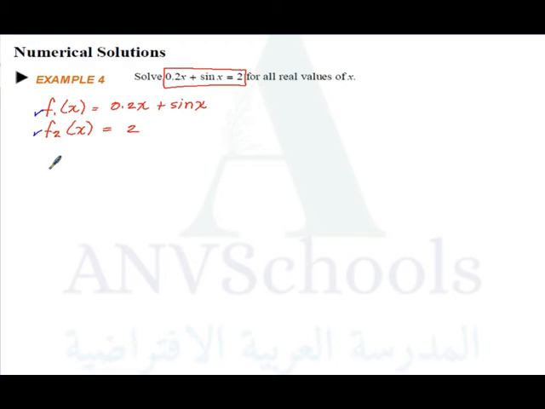And you could see that the graph of these two functions will give you an insight on the locations. Now this is also equal to y is equal to 2, right? And this is another function, and this function has its own graph, and this function also has its own graph.